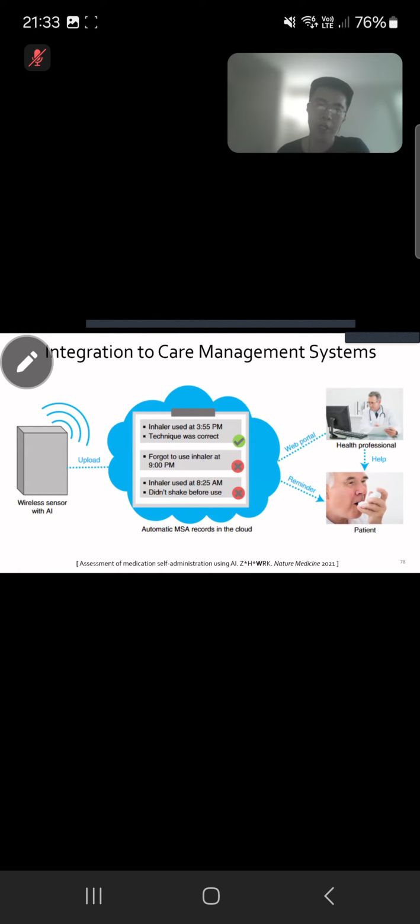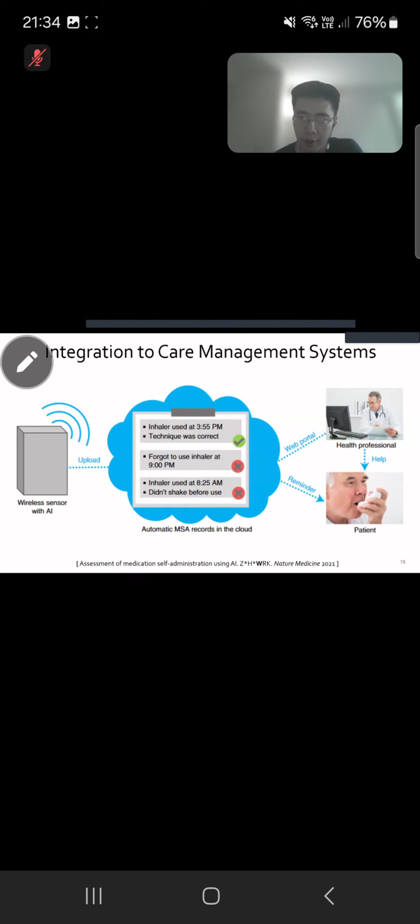And these are some of the results for our method. We can see that it actually performs surprisingly well, even in the case of out-of-distribution data, including missing steps and short durations that have never happened in the training data. And this is how our method can be integrated into a care management system. We start with the AI-based wireless sensor, which makes the prediction, and it uploads the predictions to the cloud. And a health professional, for example, a clinician, can use the predictions in the cloud and help the patients to improve their technique.